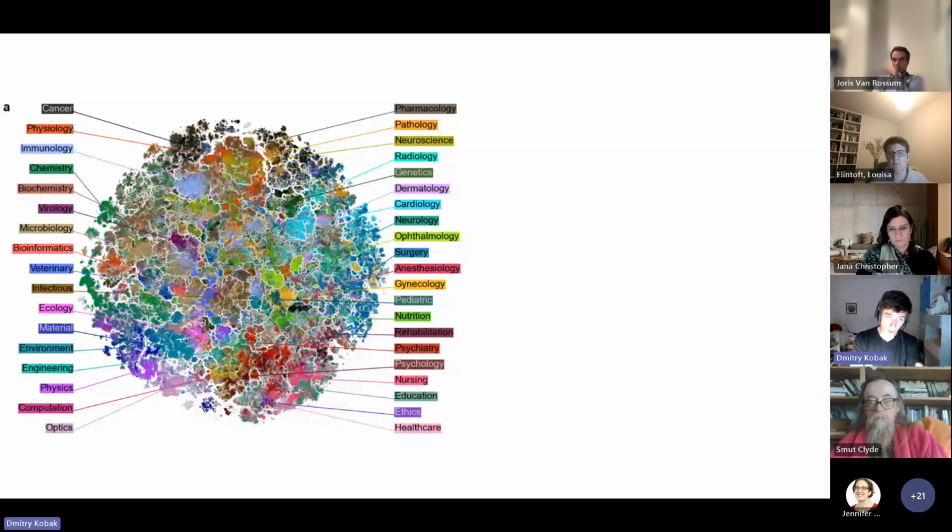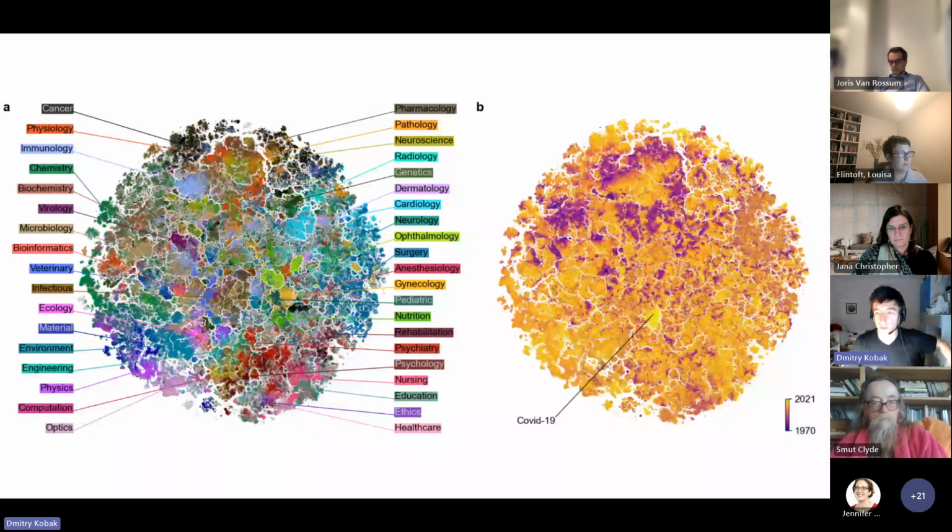Now we have this map, as I will call it, and we can look at it in different ways. We can color it by topic, as you see here. We can also color it by, for example, publication year, and then we see that all the old papers are dark, and very modern, newly published papers are bright yellow. We see this very bright yellow cluster of papers published in 2021 and maybe 2020.